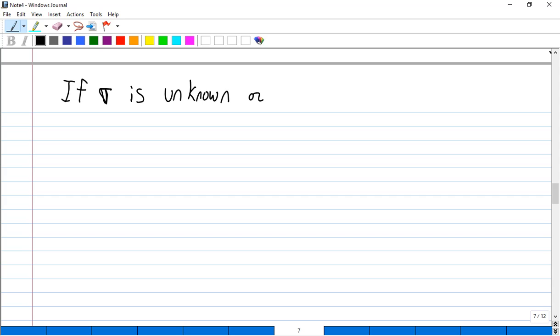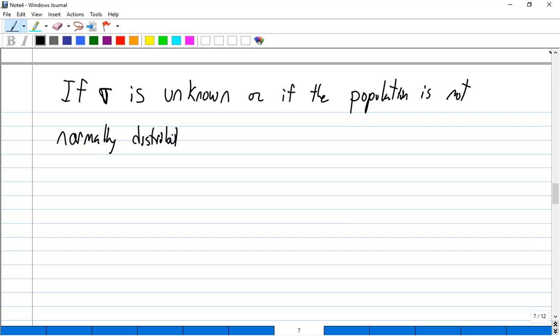Usually, though, it would say sigma is unknown, or if the population is not normally distributed, then this is a different type of problem.